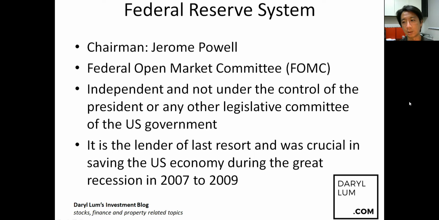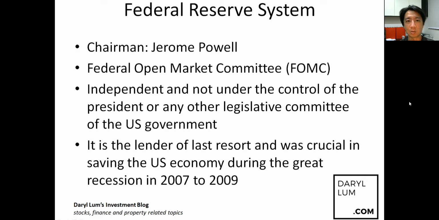Open market operations are things whereby the Federal Reserve will go out, what they call expansionary monetary policy, and make purchases in the market, or sell government bonds or treasury bills, so that they can use these as tools to increase or reduce money supply. And we'll touch on this later also.